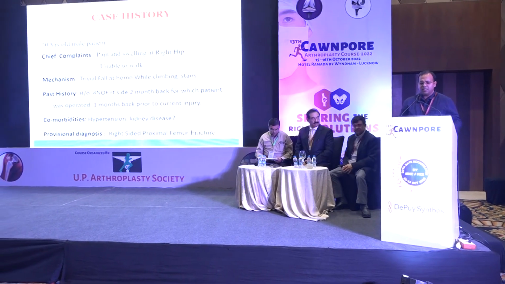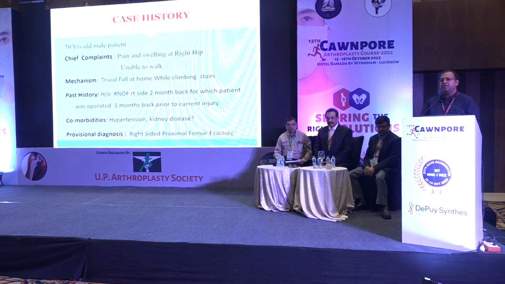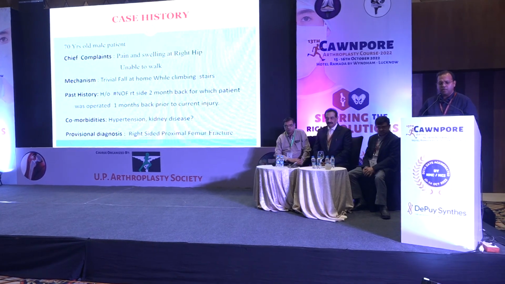Good afternoon, everybody. So we are on the bipolar series, either broken bipolars or the periprosthetic bipolars, so kind of a follow-up of the same. So it is more of a technique-based case. This is a 70-year-old male patient, and he was unable to walk after a trivial fall on the ground in the house.